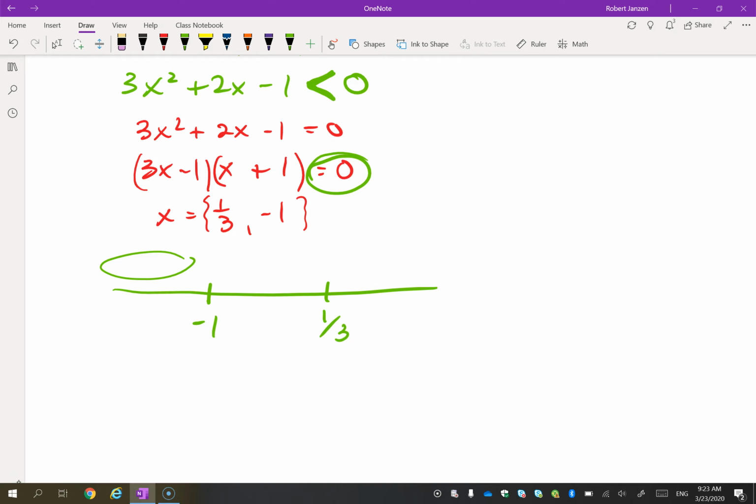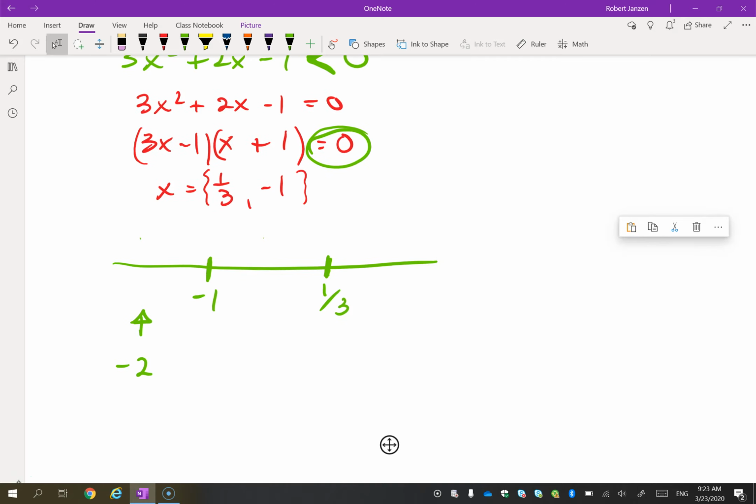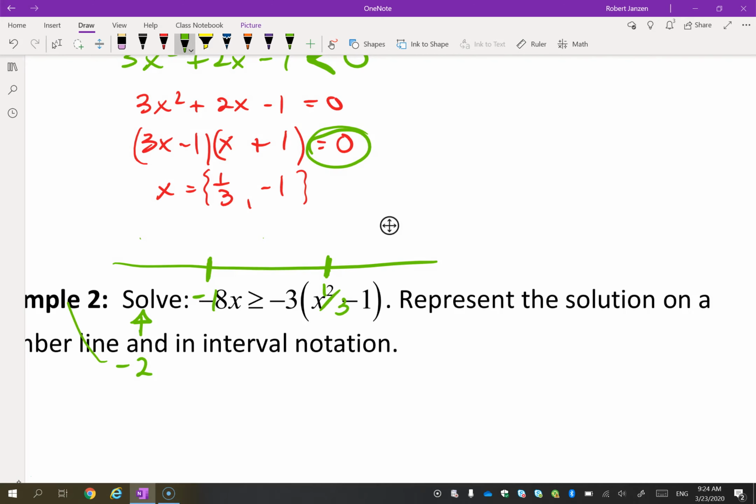What we want to do is figure out what the value is in those three intervals. We know what the value is right here and right here. Right here the values are 0. So I know that these other places are either going to be less than 0 or greater than 0. So let's try -2 from that interval. The easiest place to try it is in the factored form.